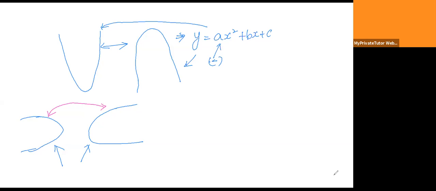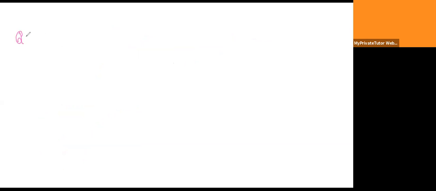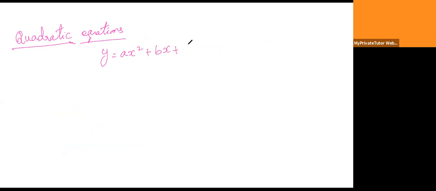So today we are going to concentrate on quadratic equations. So what is the standard form? I'm just taking 0 out of the equation. So we can write y equals ax square plus bx plus c.